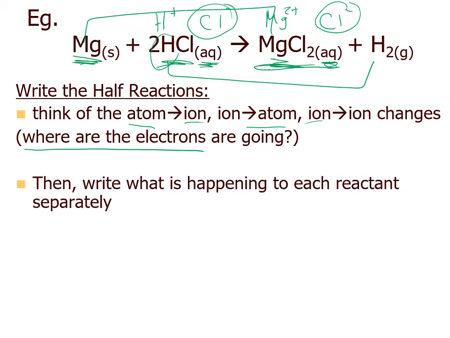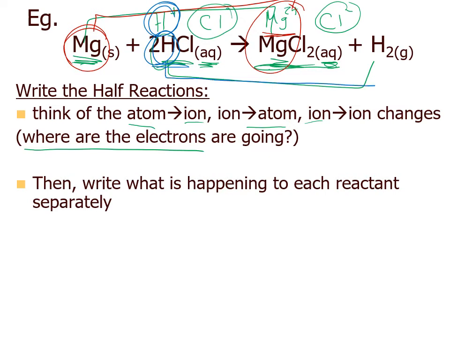To start off, looking at magnesium, that's a magnesium atom with all of its electrons. Over here, it's a magnesium ion with a 2+ charge. The only way it can go from a magnesium atom to a positively charged ion is if it loses electrons. And remember, oxidation is loss. Hydrogen starts out as an ion, the hydrogen ion in the acid, in the water.